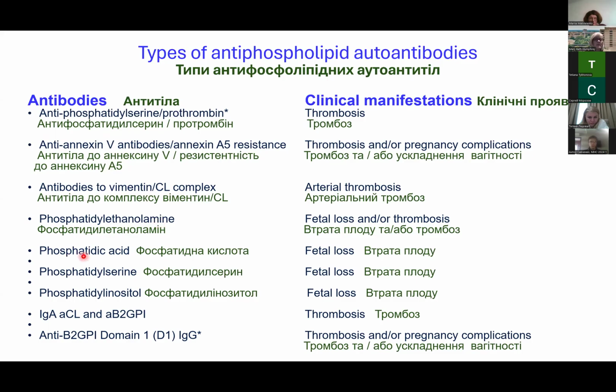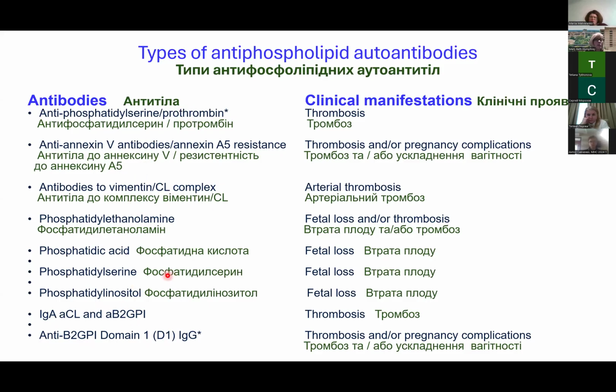You can also have antibodies to vimentin, phosphatidylethanolamine, phosphatidic acid, phosphatidylserine, phosphatidylinositol, and then you can have IgA antibodies against anticardiolipin and anti-beta-2 glycoprotein, and then beta-2 glycoprotein 1 domain 1 IgG.